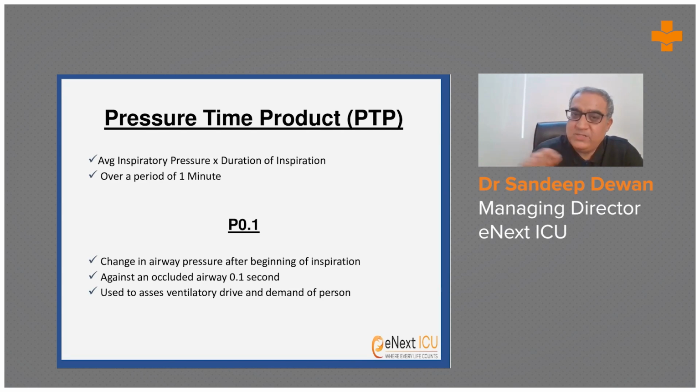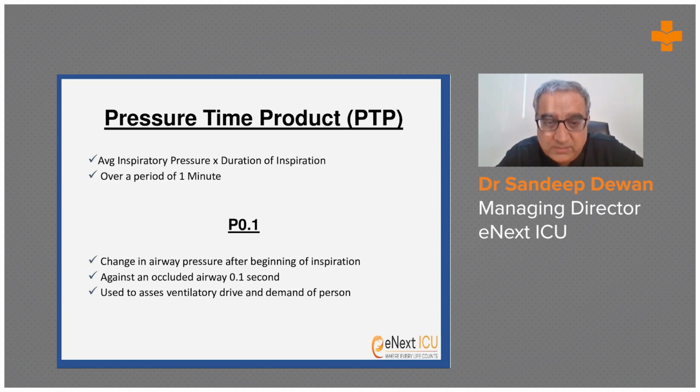Those 15 breaths will have an average pressure. As I told you, to deliver a breath, a pressure needs to be generated, isn't it? So it calculates the average pressure and multiplies by the duration of inspiration, and that is known as the pressure time product.